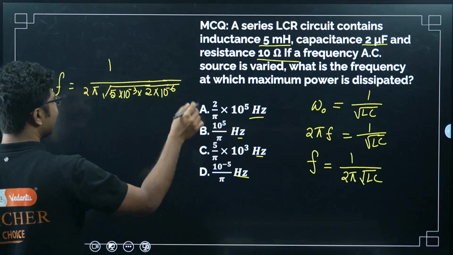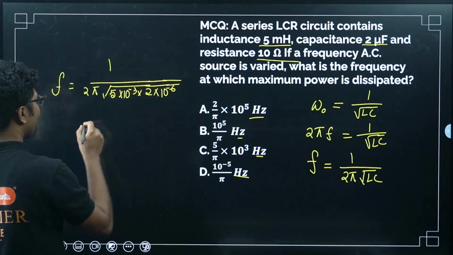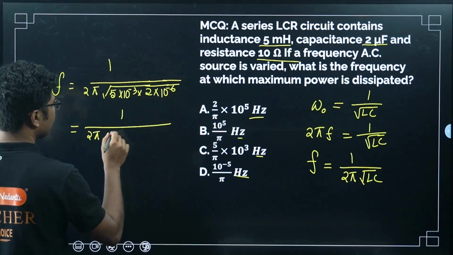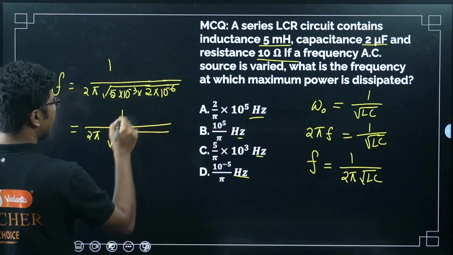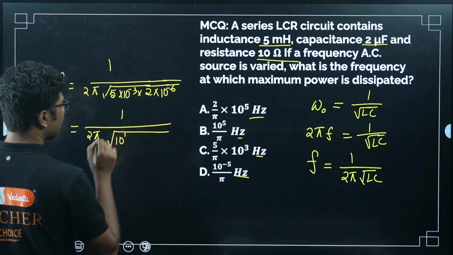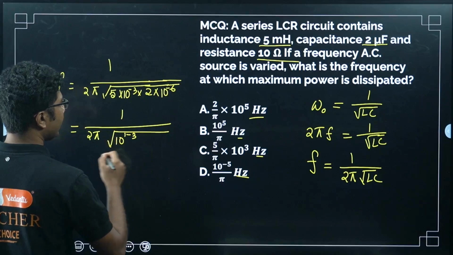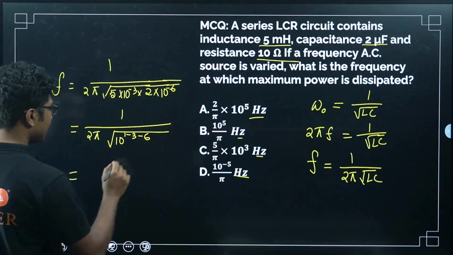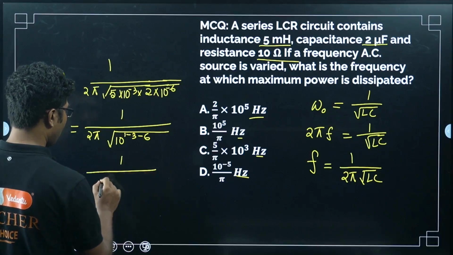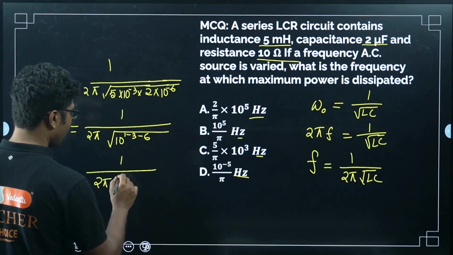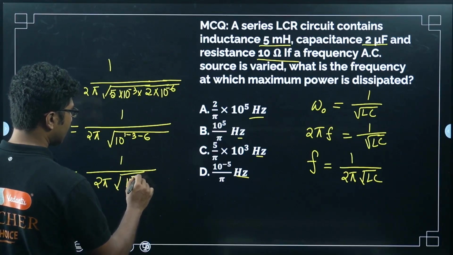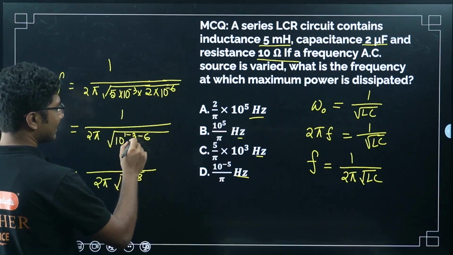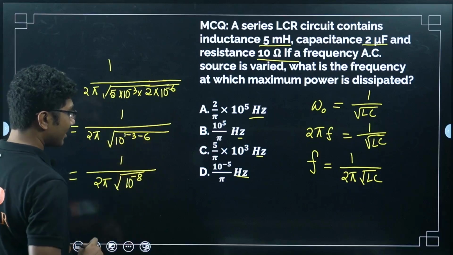Now it might appear that this square root will be difficult, but actually not. 2 pi, 5 times 10 to the power of 1 minus 3 minus 6. Right, so what is this? 2 pi square root of 10 to the power of minus 8. So 1 minus 3 minus 6: minus 3 minus 6 is minus 9, plus 1 is minus 8.